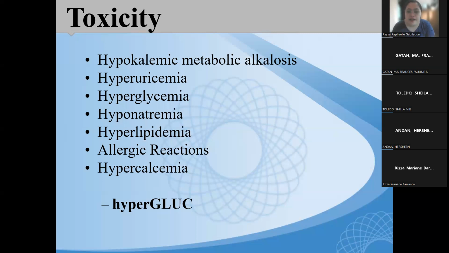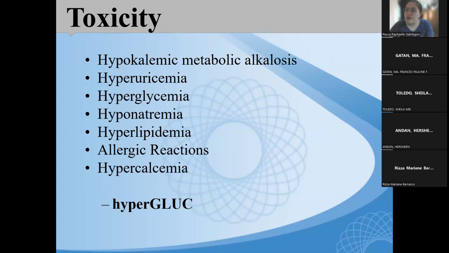And the C there is hypercalcemia. Remember, unlike the loop diuretics, our thiazide diuretics inhibit the excretion of calcium. So calcium stays in our body and that may lead to hypercalcemia. Okay, increased calcium in our blood. And then, since thiazide diuretics are also sulfonamide derivatives, we also expect here allergic reactions, aside from the hypokalemic metabolic alkalosis.